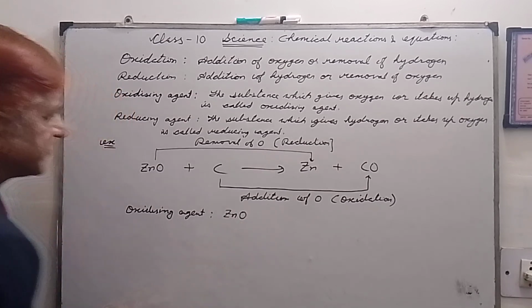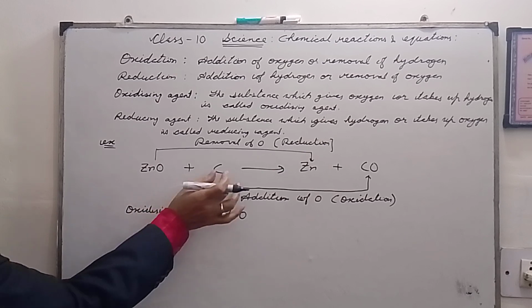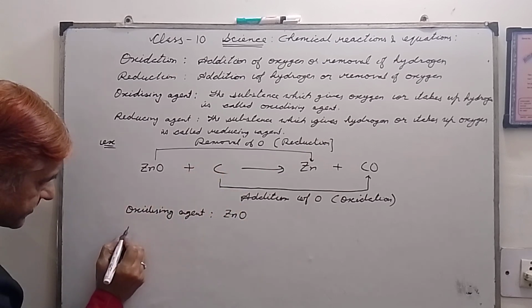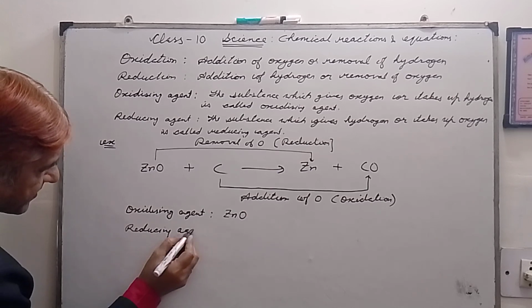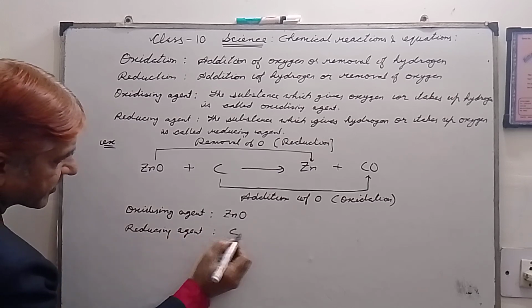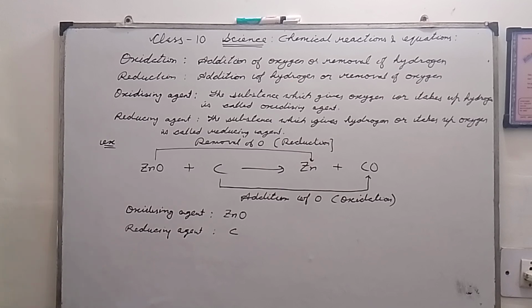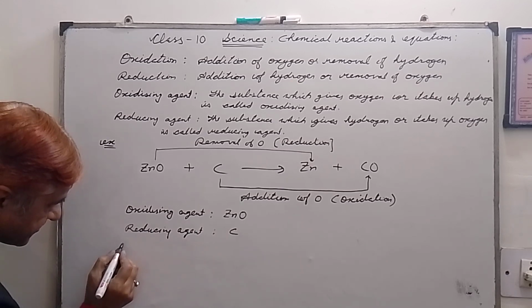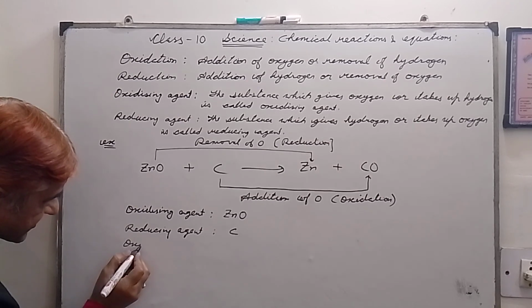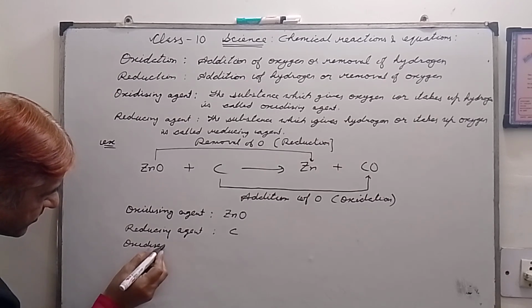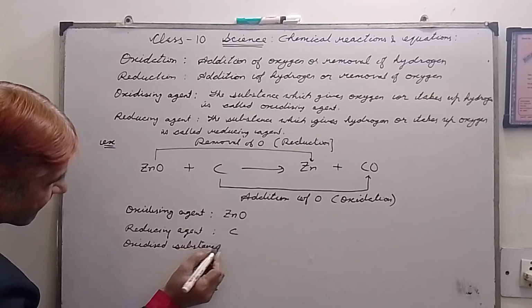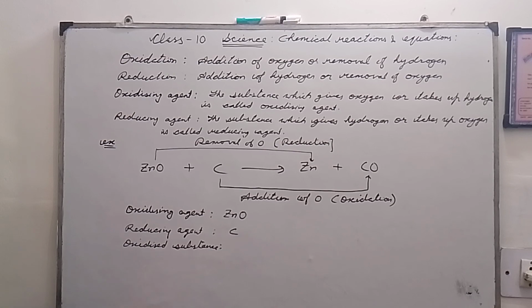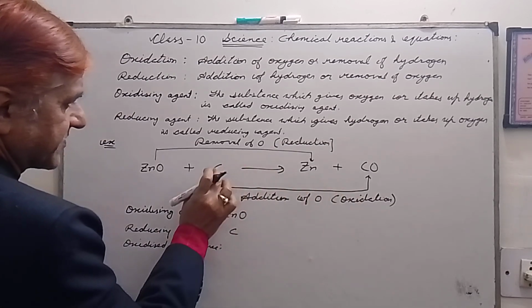So zinc oxide. Obviously carbon will be reducing agent. So reducing agent is carbon. And the substance which is getting oxidized, oxidized substance is, where is the oxidation?